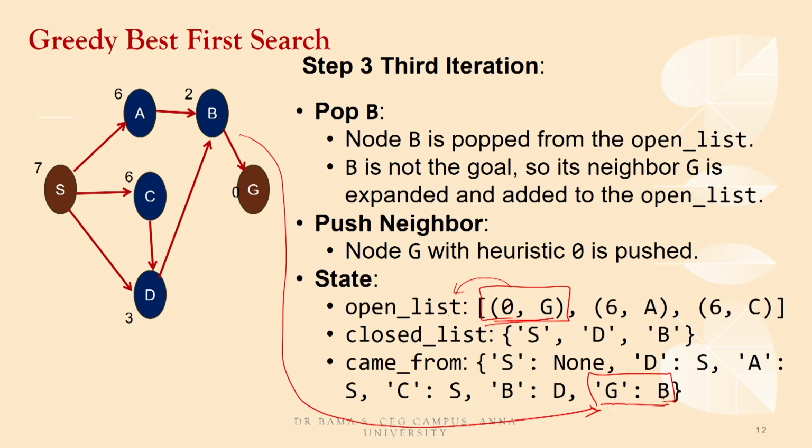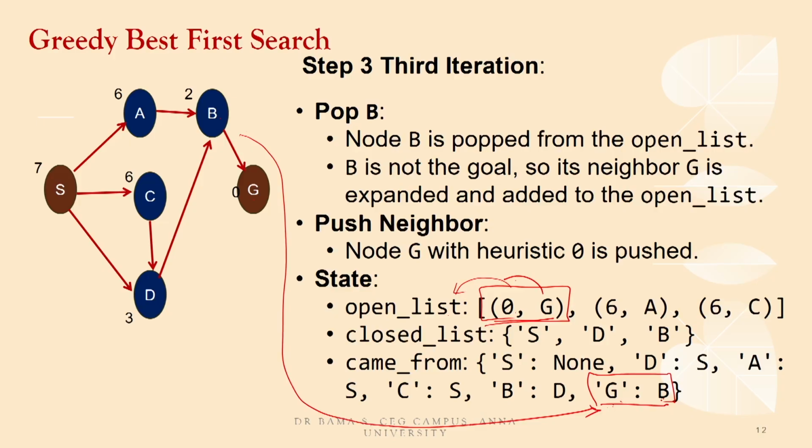Now, at this stage we have to pop out the goal with the 0 cost. Now, when G is popped out from the open list, it is actually the goal, and since it is the goal, if we remember the top portion of the code where we have to reconstruct the path, if you check the path, G is from B and B is from D, and then D is from S and S is none.